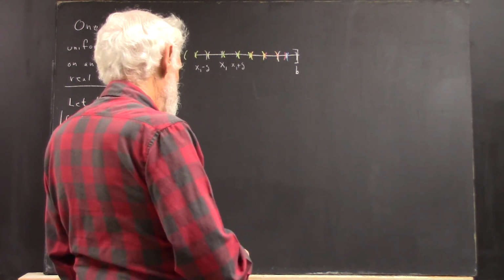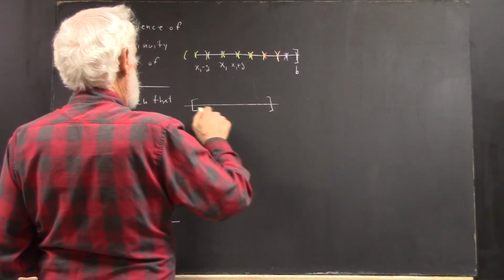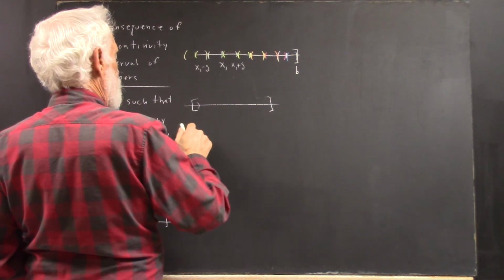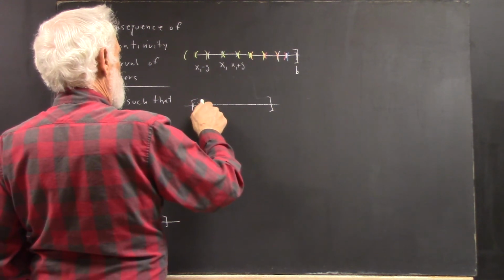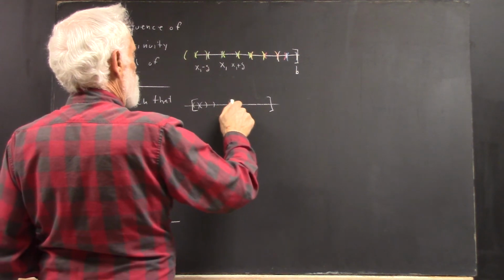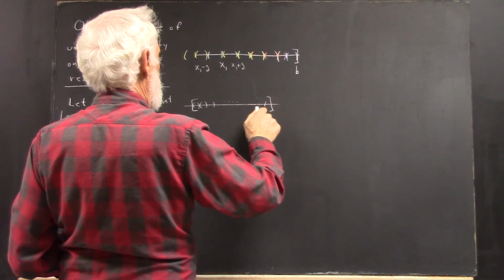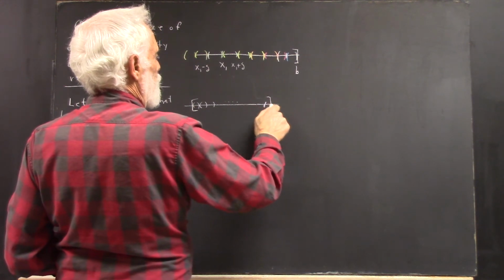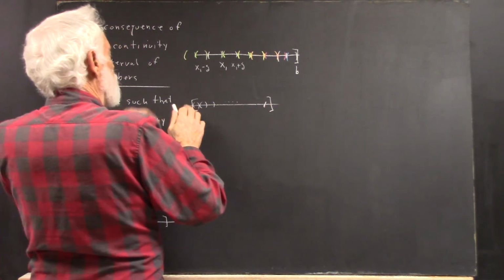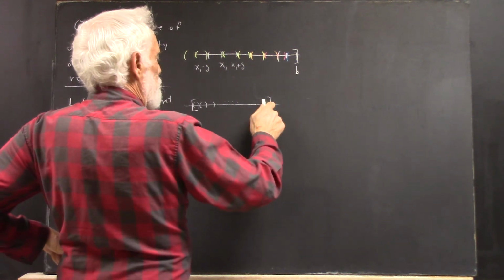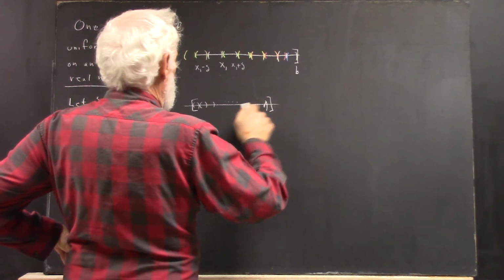Or if I choose to start at one end of my closed interval, I can do an interval here, another interval here, and so forth, until I end up with an open interval that overlaps the open interval around b.